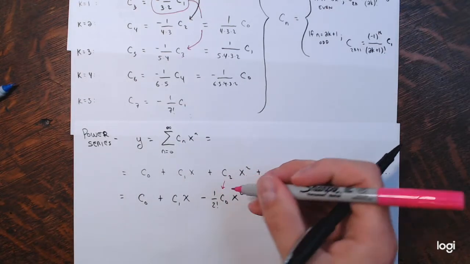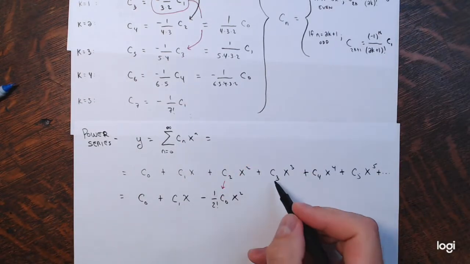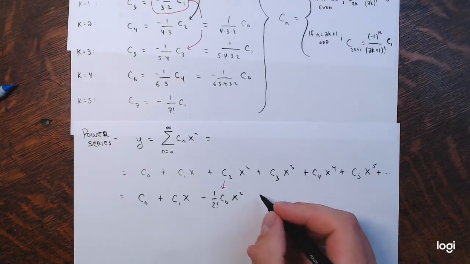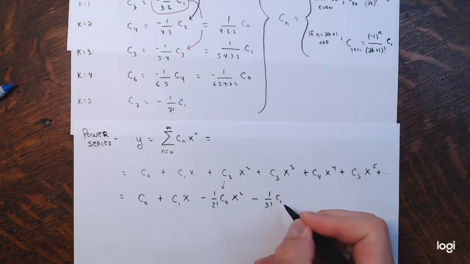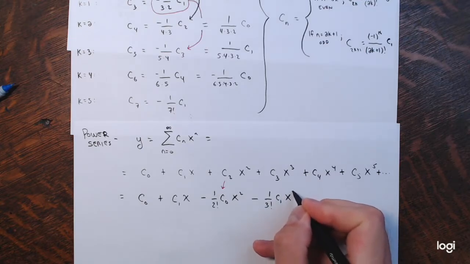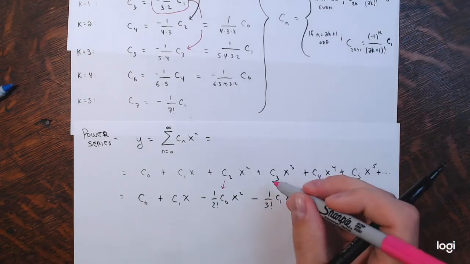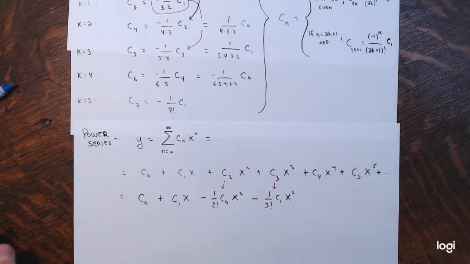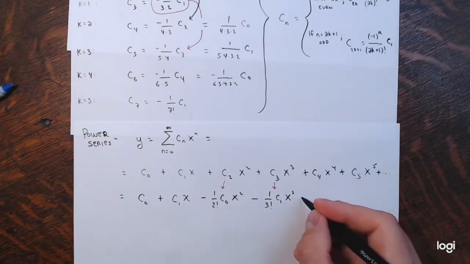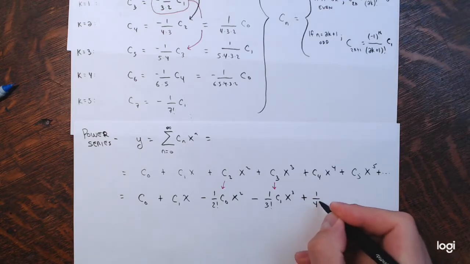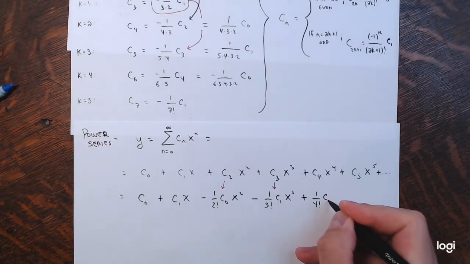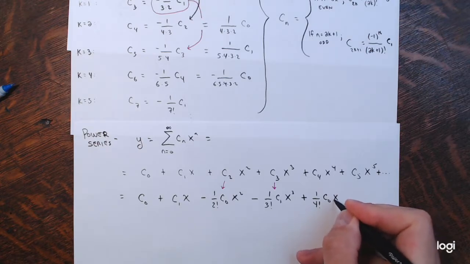And then c3 was negative 1 over 3 factorial times c1, times x cubed. That was c3. And c4 was positive 1 over 4 factorial times c0, then you have x to the fourth.